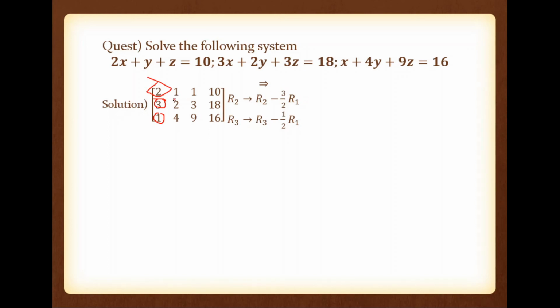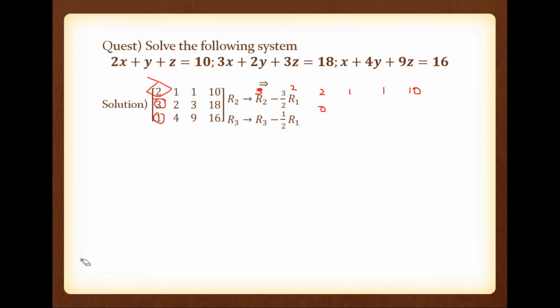Now take the second element. That is 2, 1, 1, 10; that one is the first row. Now if you are taking the second row, the first element is 3. So 3 minus 3 by 2 into the corresponding R1 element, which is 2. So it will give 0.